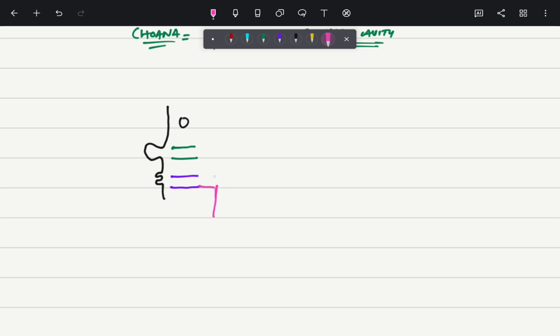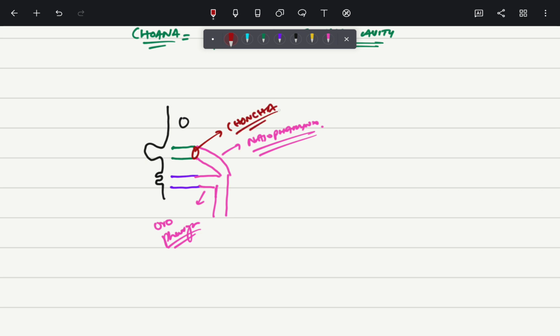This part where the oral cavity ends is the oropharynx, and this part where the nasal cavity ends is the nasopharynx. And as you can see here, this is your choana, which is the posterior opening of the nasal cavity.